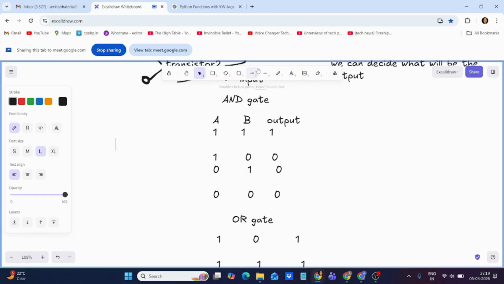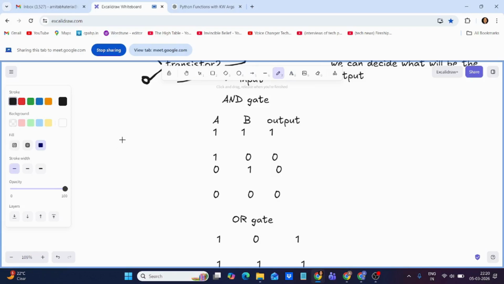Okay, just wait. Right, so this is the AND gate, right? And this is one of the inputs, input A, to the gate. This is the second input, B, to the gate, and this is the output from the AND gate, right?